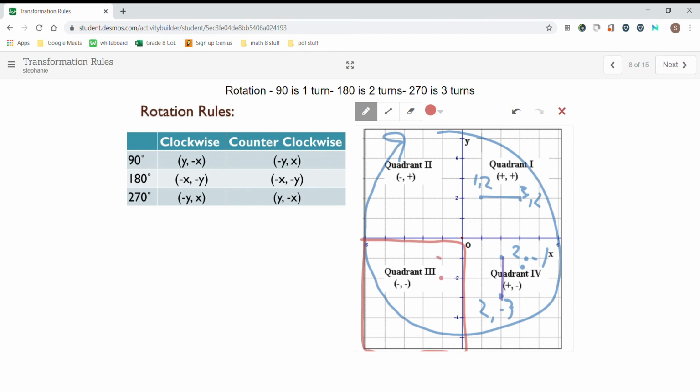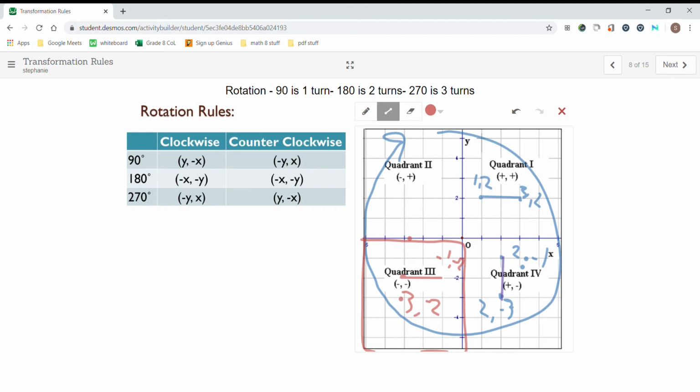So this is negative 1, negative 2. 3, 2 will just become negative 3, negative 2. So I count over negative 3, down 2. So negative 3, negative 2. And here would have been the next line.